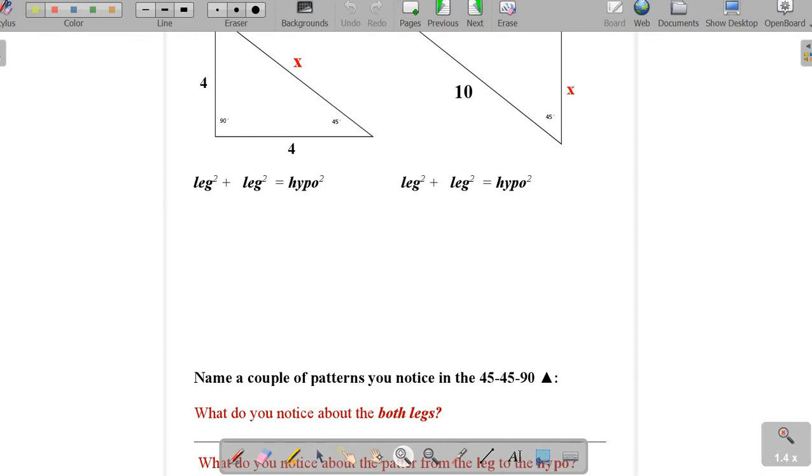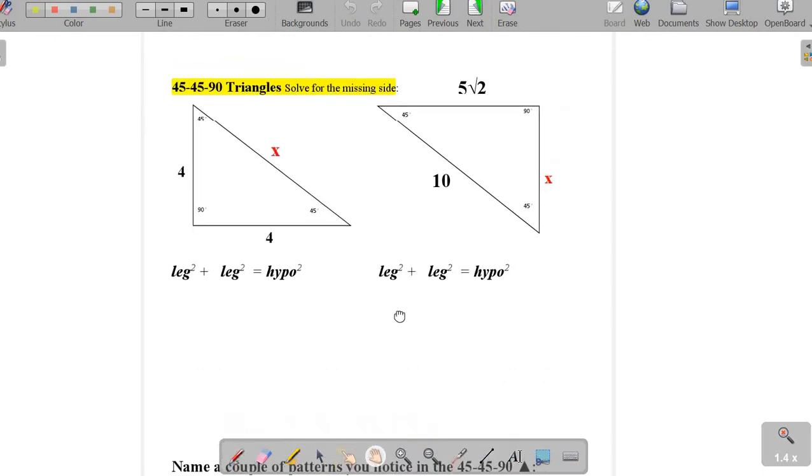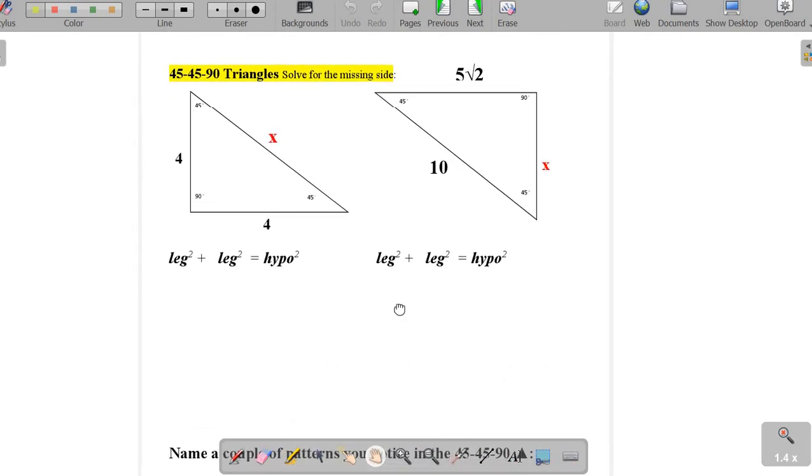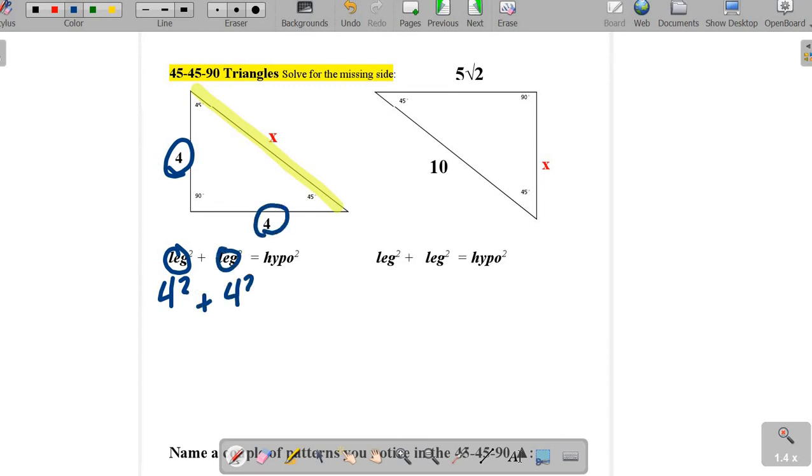Let's look at these 45-45-90 triangles. And we're going to use the Pythagorean theorem to solve for the unknown side. So in this case, it's going to be leg squared. So that's 4 squared plus leg squared, 4 squared, equals the hypo squared.